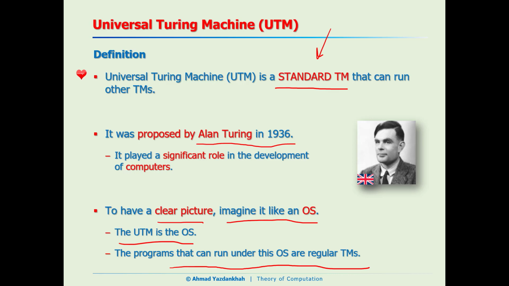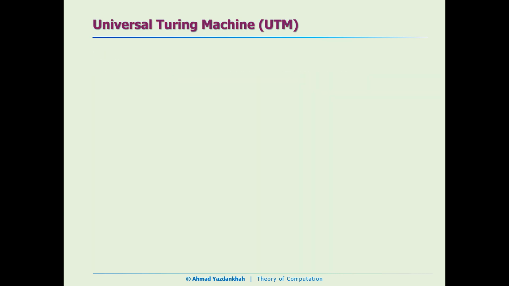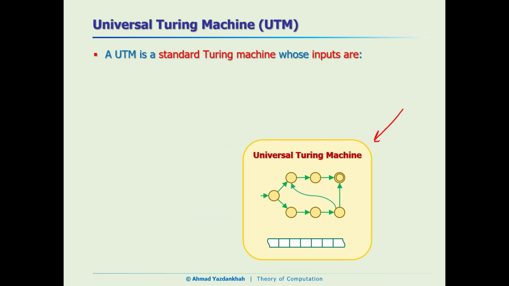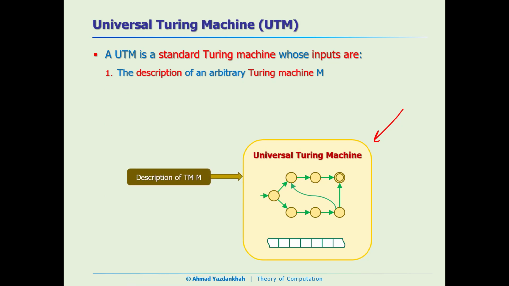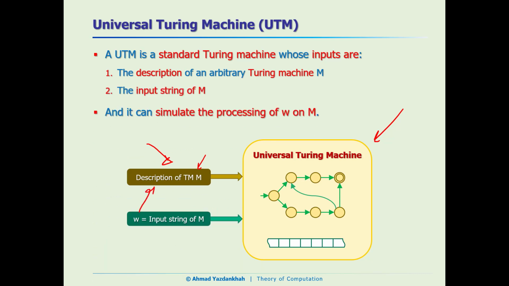Let me be a little bit more specific here. This is our UTM, or Universal Turing Machine. It has two inputs. First, a description of another Turing machine, and second, the input string of this Turing machine, because we need to run it against this input.